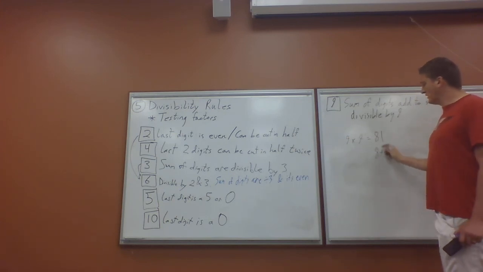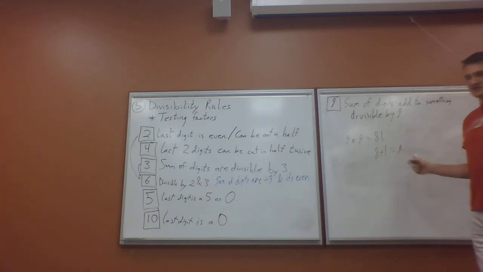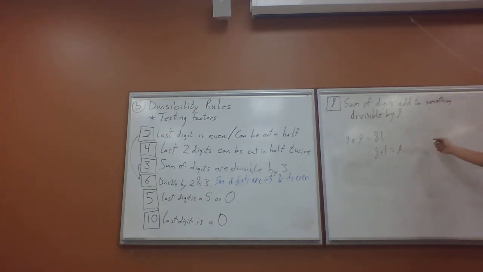So 8 plus 1 equals 9, and we know that 9 is divisible by 9. If I took any other thing like 63, let's see. That actually, I know for a fact that is 9 times 7. Well, 6 plus 3 is 9. Check.